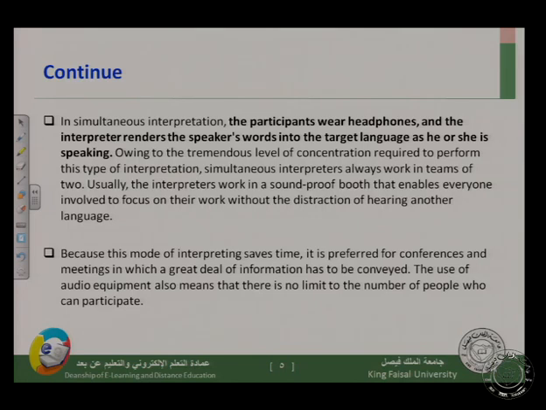So you need to focus, you need a soundproof room, you need your headphones on, and you need to be on your own.